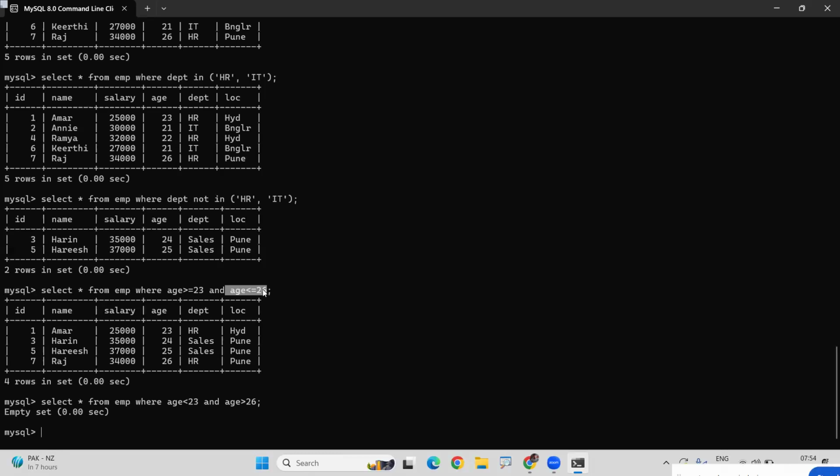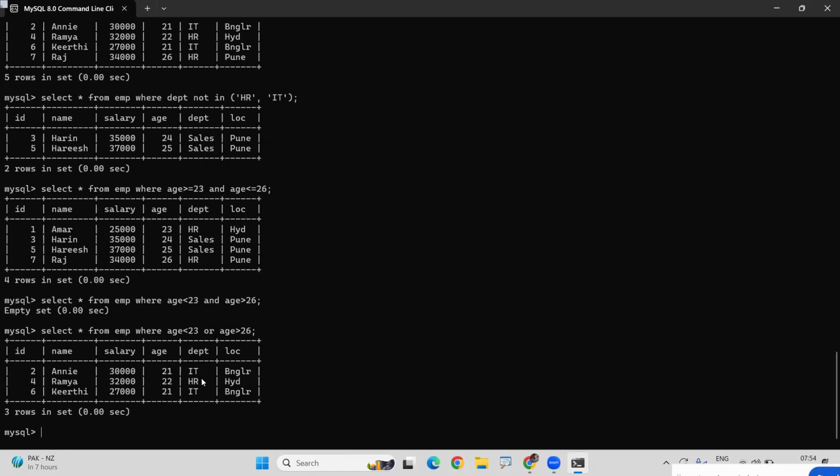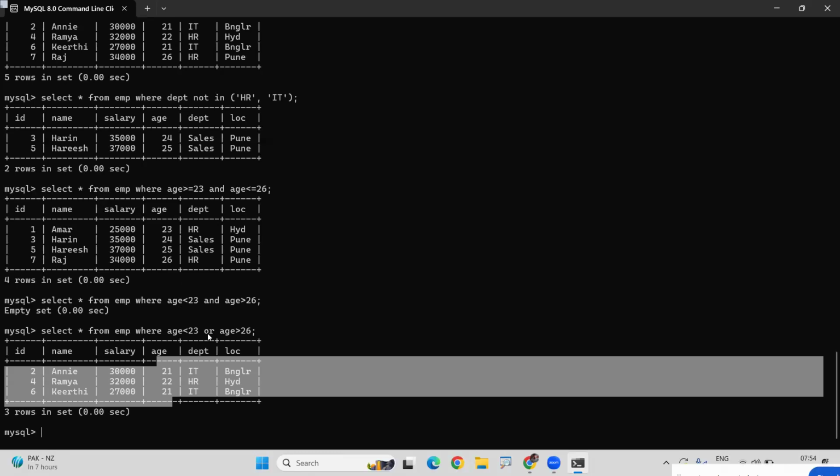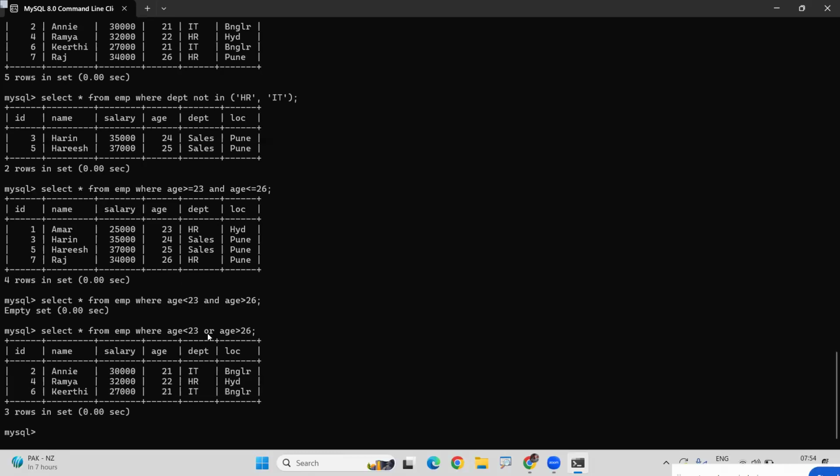So it is printing. Now 22 is there. Yes, 22 is less than 23, but at a time, how can 22 be greater than 26? We use the OR operator. You have to change to OR. Now the remaining people will come. So confusing, no? That's why the easy way is available.